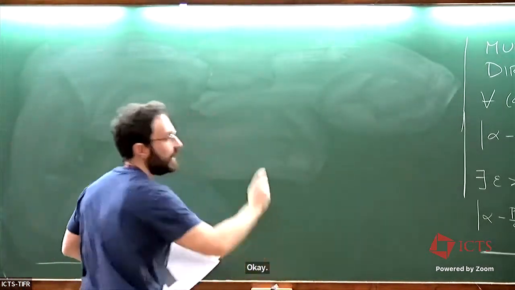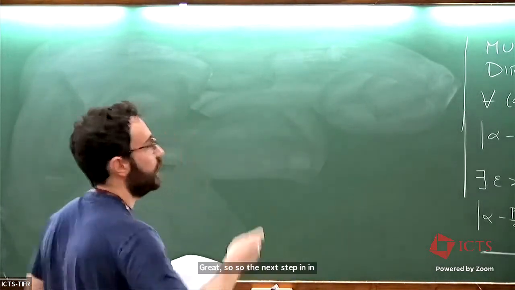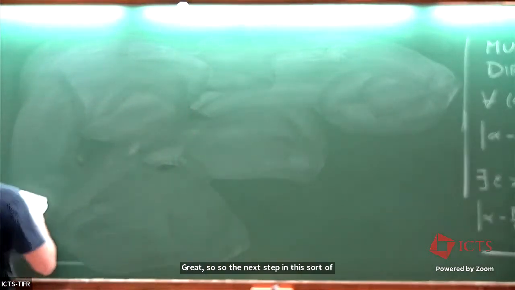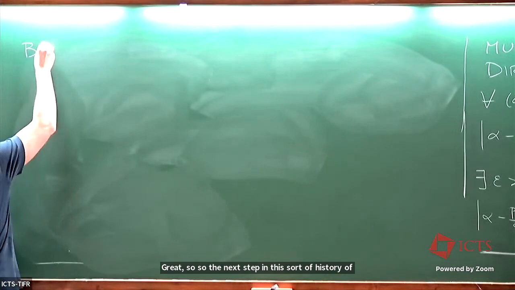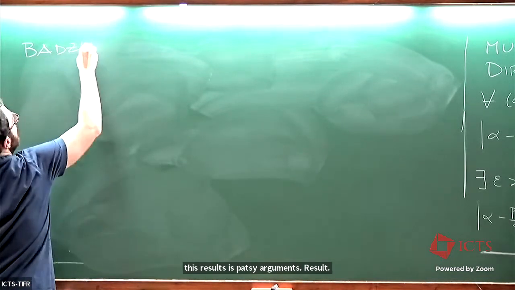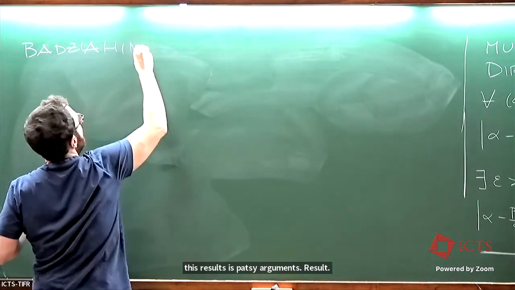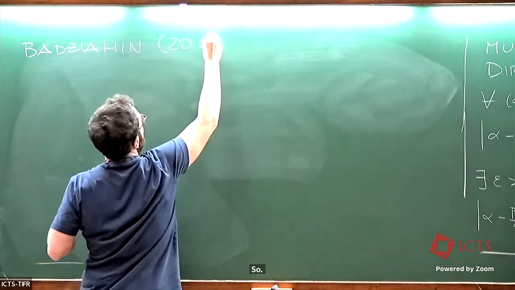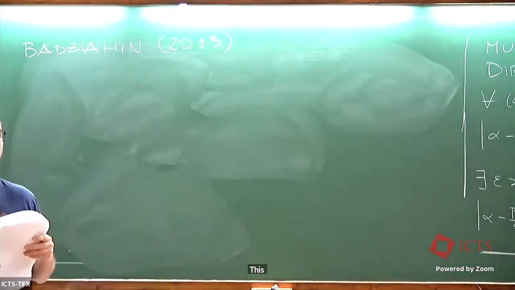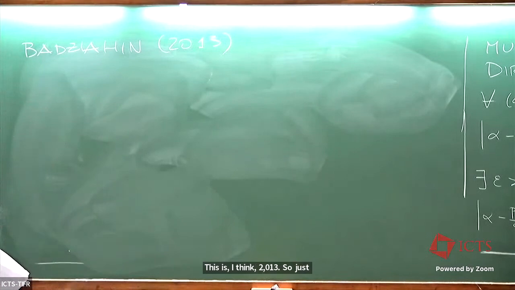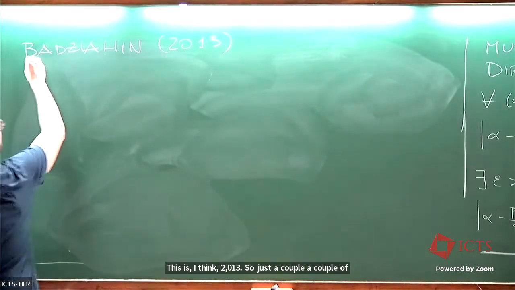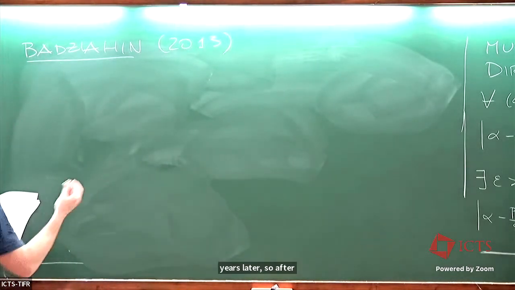Great. So the next step in the history of this result is Badziahin's result, I think in 2013, just a couple of years after Moshchevitin and Bujold proved their result.